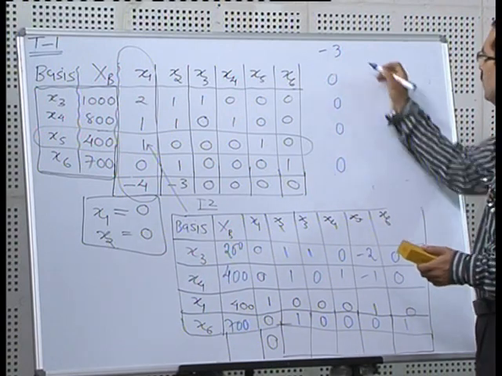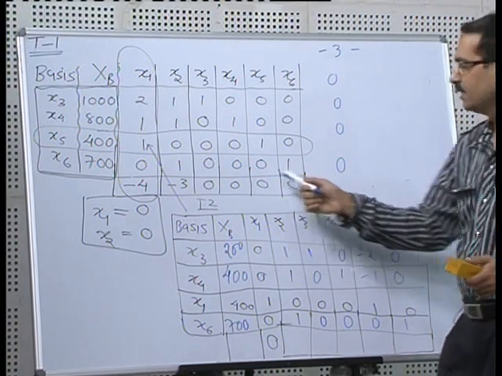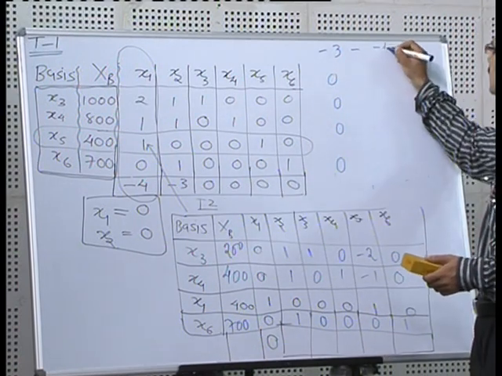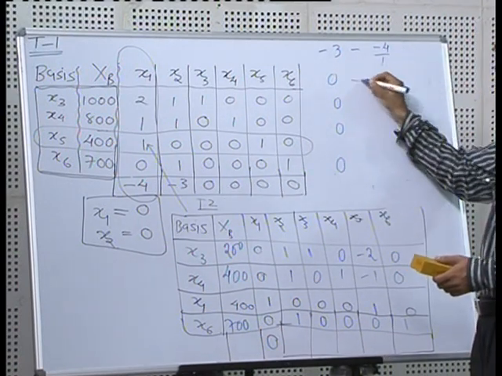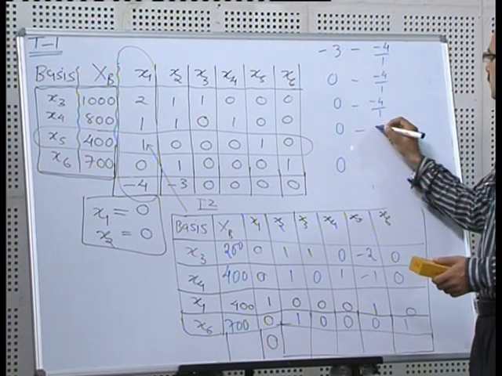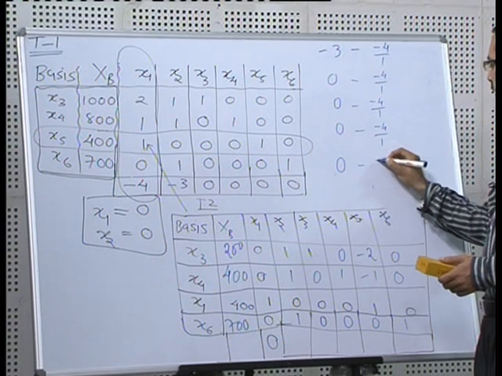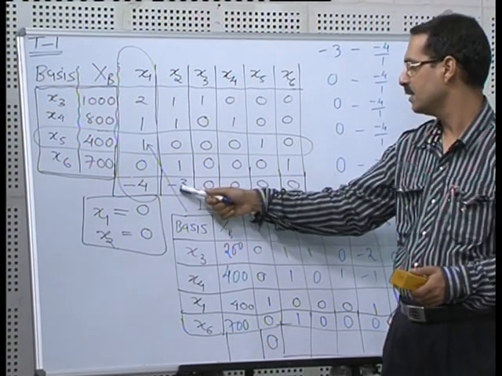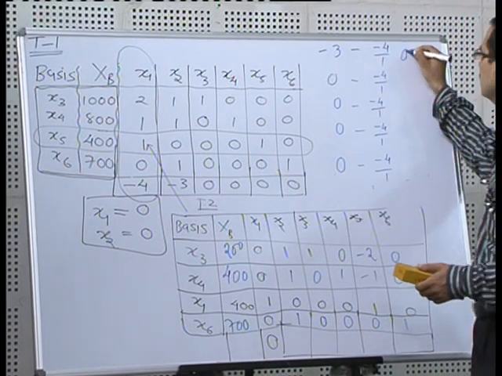Again we apply the same process. We can see that we did not write only one element, and that was minus 4, but now we will have to write minus 4 divided by the leading element. And corresponding elements will be, for minus 3 it is 0, okay.